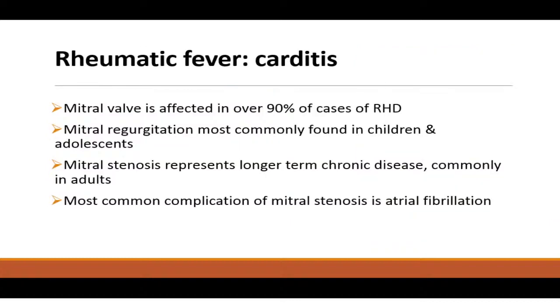As I said, the mitral valve is affected in most cases of rheumatic heart disease. Mitral regurgitation is most commonly found in children and adolescents. Mitral stenosis represents long-term chronic disease, so it's already a result of previous attacks of rheumatic fever, and in adults we'll see mitral stenosis.